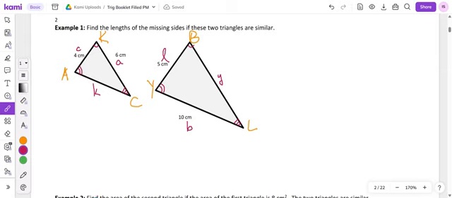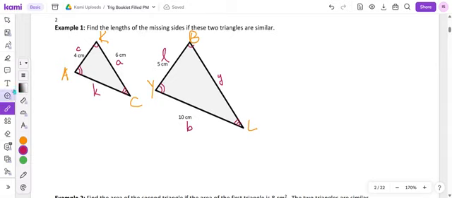Now we can't easily say how many times bigger the sides are, right? Because I can see that C and L are corresponding, but it's like 4 and 5. So it's not very clear. It's like 1.2 times bigger, something like that.